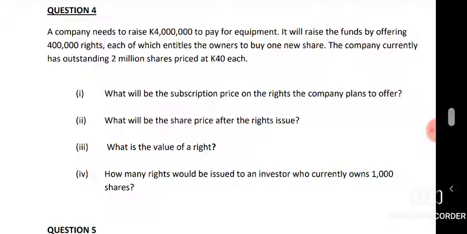So how do we get the total new shares? They've given us the total rights, 400,000, and we made the proportion 1-to-1. If 1 right is equal to 1 share, then 400,000 rights give us 400,000 shares. And you have your figures and can easily solve for the subscription price.